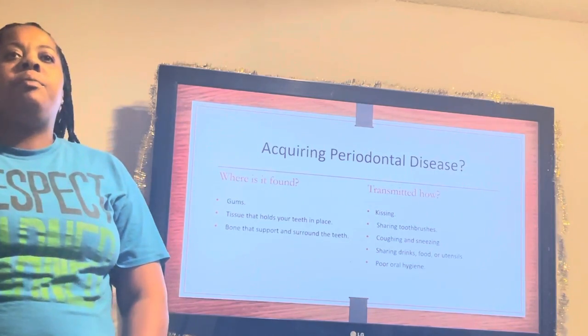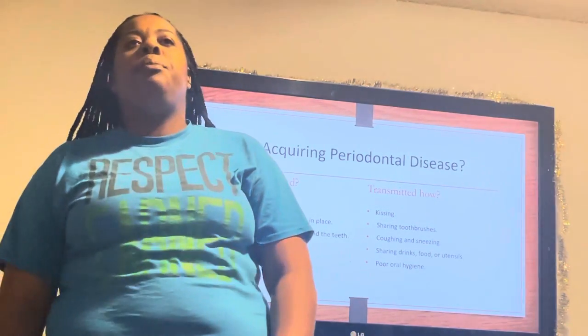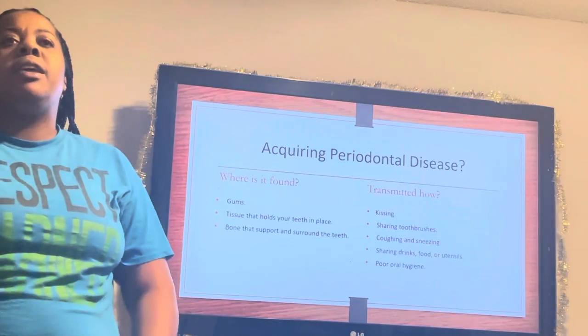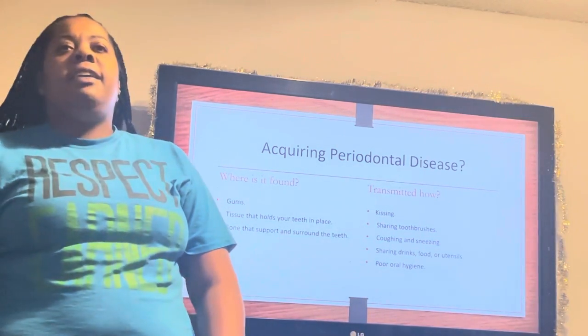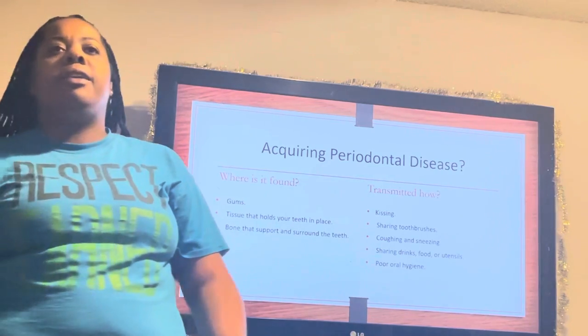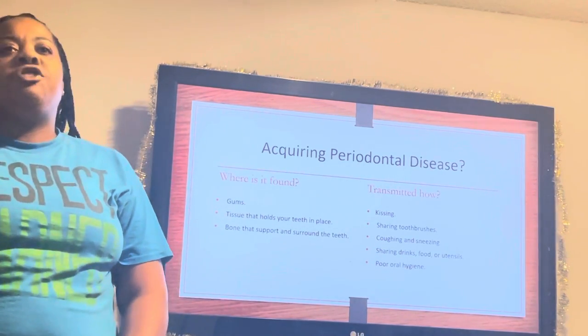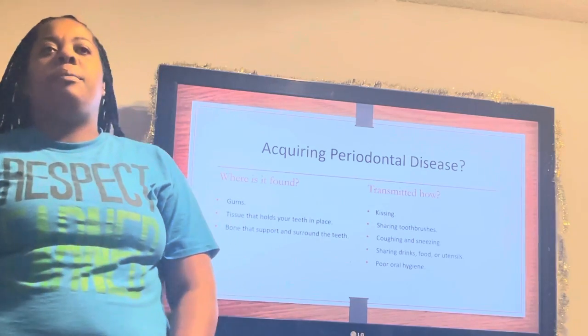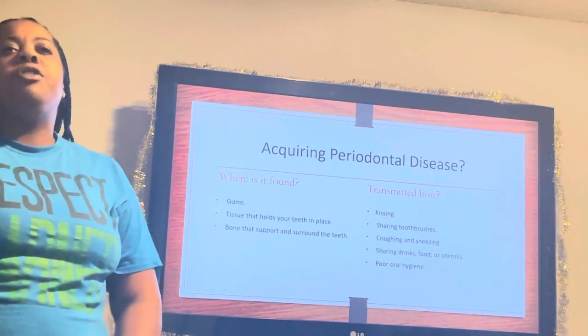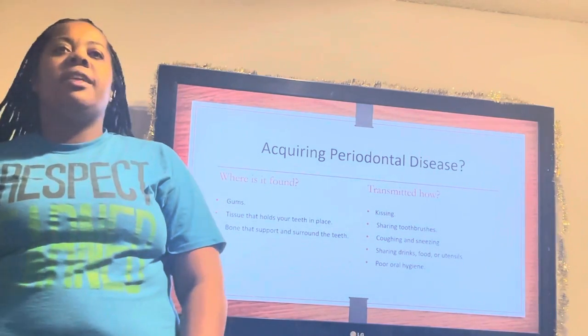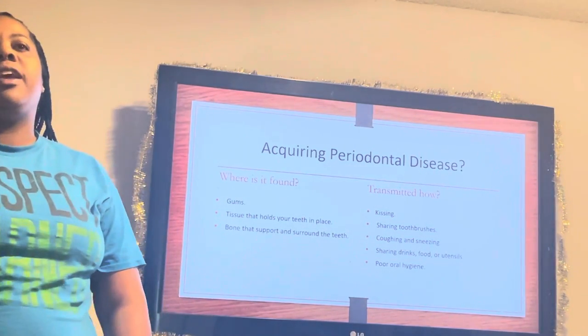Basically, the host immune response to the inflammation plays a central role in disease pathogenesis. It is commonly found in the gums and the tissue that supports your teeth. It can be transmitted by kissing, sharing saliva, poor oral hygiene, coughing, or sneezing.